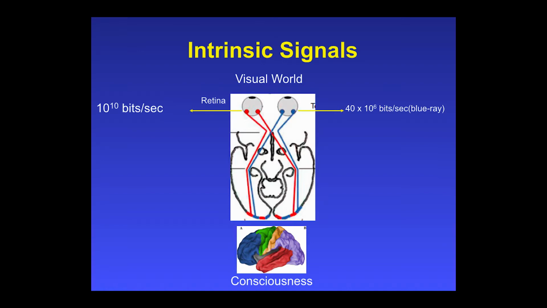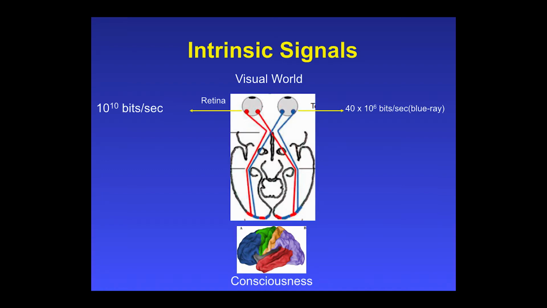Now, there are a couple of examples that I think make this really salient to folks, particularly those who are new or trying to learn about how the brain works. It may come as a surprise to most of you that from a nearly unlimited amount of information that comes from your visual world, like the stuff that you're seeing outside of you right now, only about 10 to the 10 bits per second of information actually hits the retina, your eye, right here.